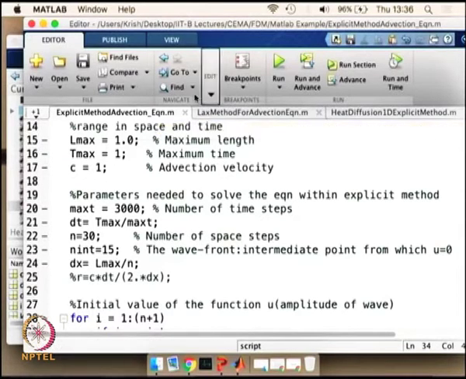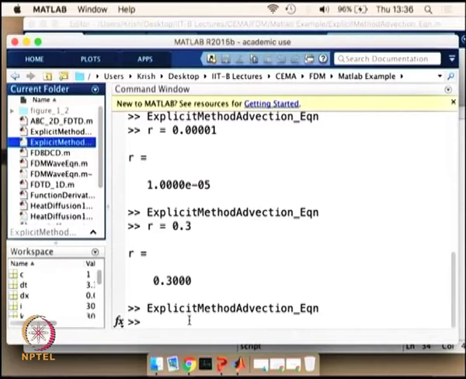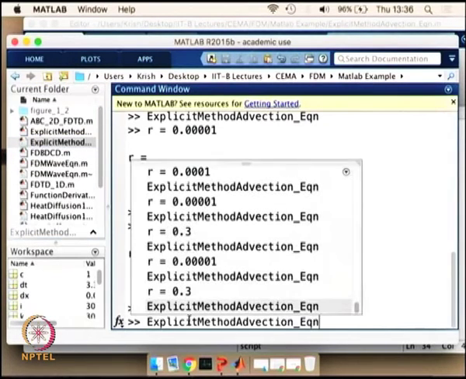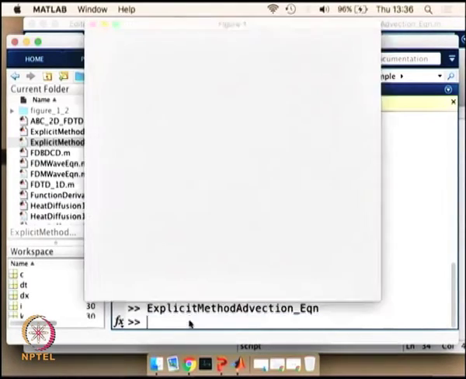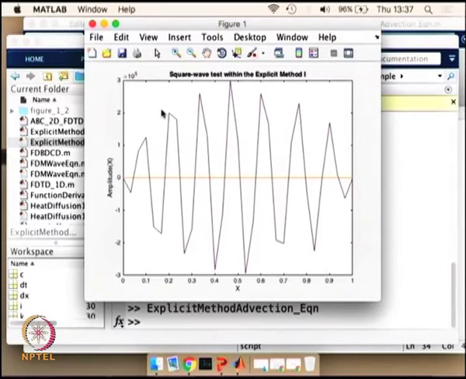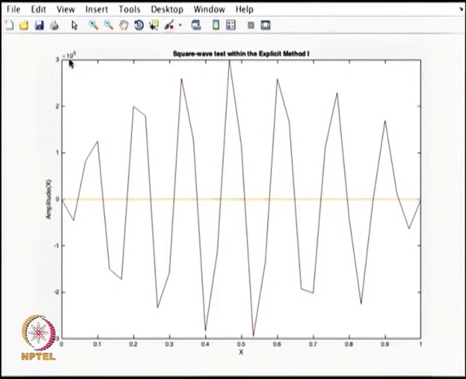Let's run the program one more time for this explicit method, and we will see how the solution looks and how it is going to improve using the Lax method. Remember, when our R value is equal to 0.3 and we run the equation, we run into a huge instability issue. The amplitude goes to 3 into 10 power 5, which is a very large value.